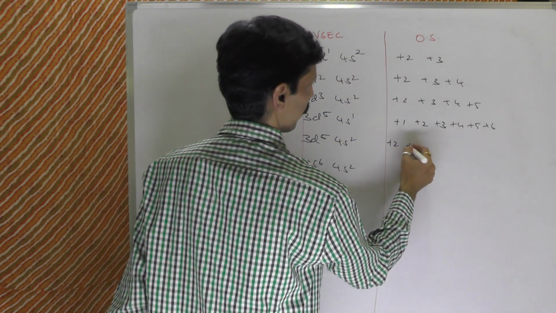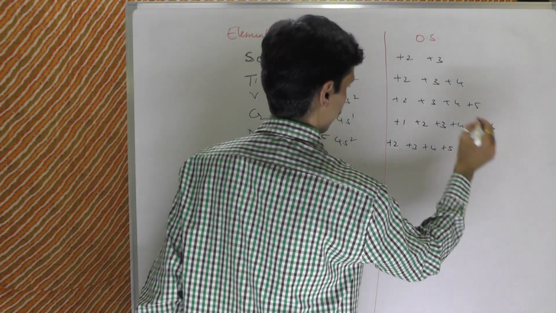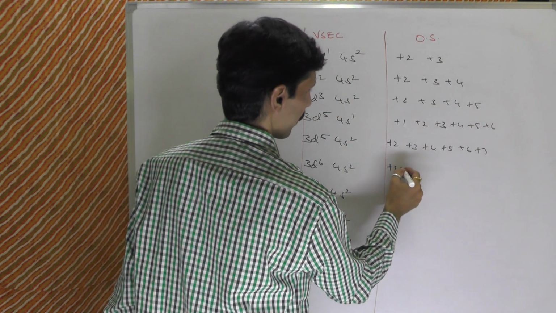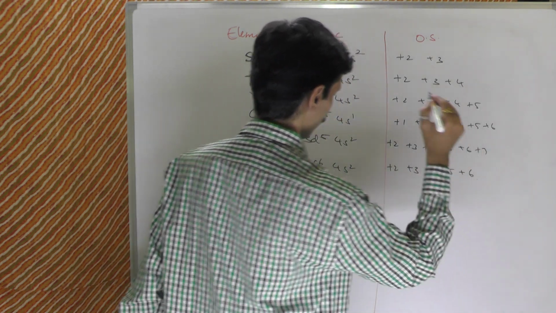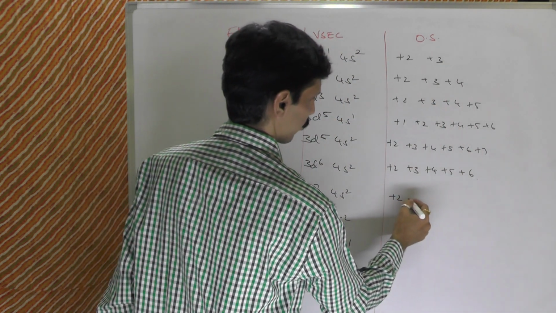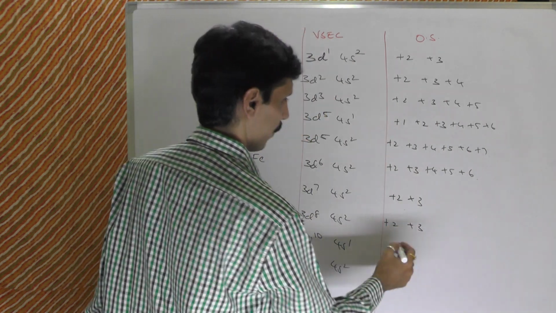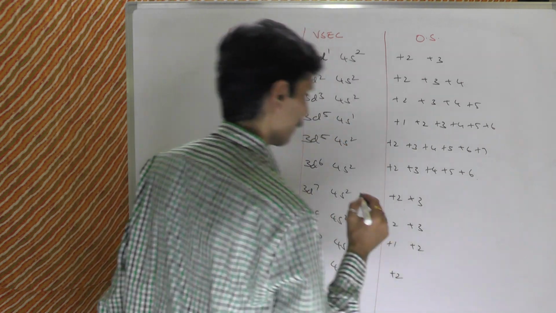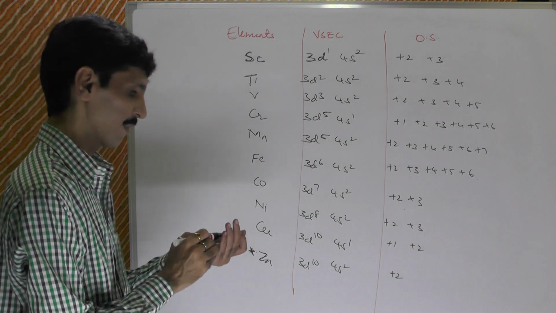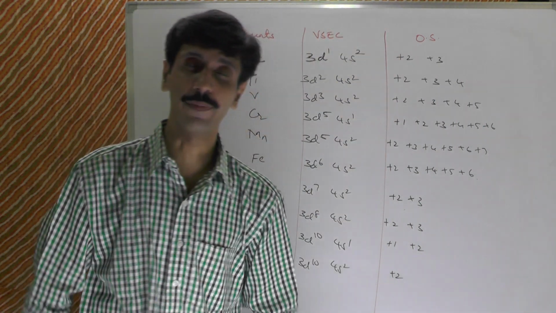Then +2, +3, +4, +5, +6, +7. Then +2, +3, +4, +5 and +6. Then +2, +3. Nickel we have +2, +3. Copper we have +1, +2, and zinc we have +2. So these are the general oxidation states observed for the various elements.